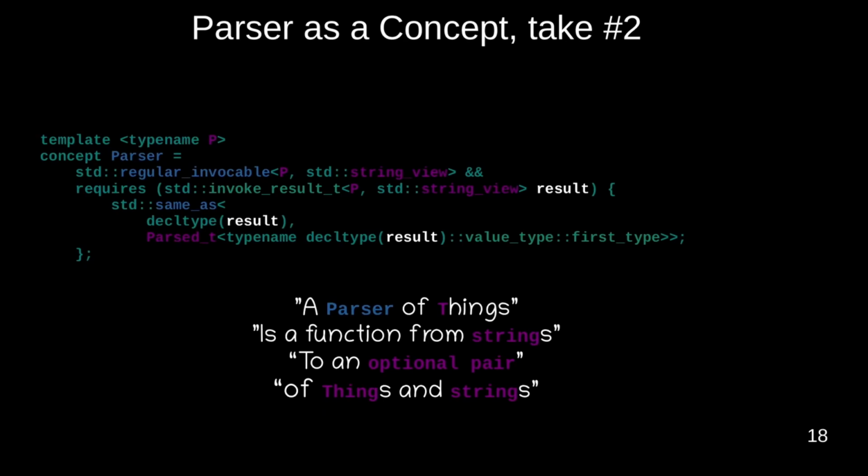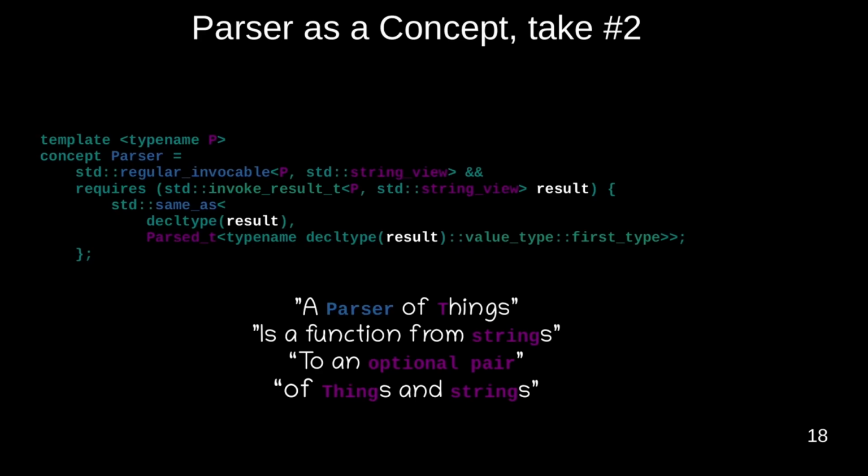So think of this as you're telling the compiler, please imagine you have an object called result. What's the type of the result? Well, it should be the return type of our function, or presumed function, p. So here I'm using invoke_result_t, like Arno showed in the previous talk. That is the return type of this presumed function.